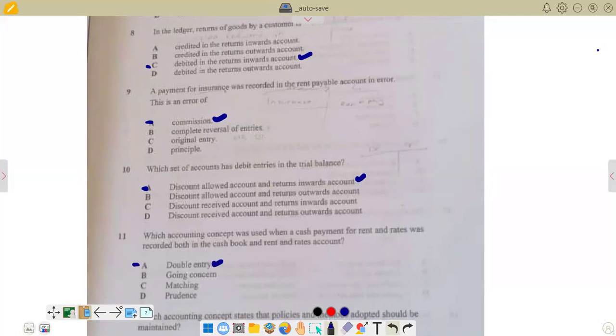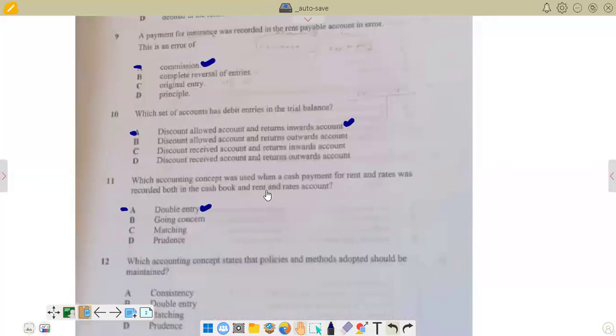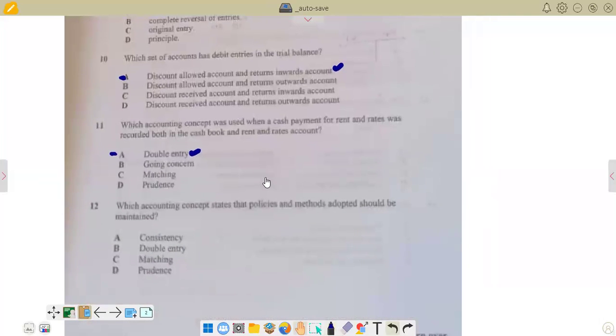And then we go to the next question, number 12. Number 12 is saying which accounting concept states that policies and methods adopted should be maintained. Remember, this is the consistency concept, very clear. Double entry just says every debit entry has a corresponding credit entry, and it has a double effect, which is not part of this explanation.